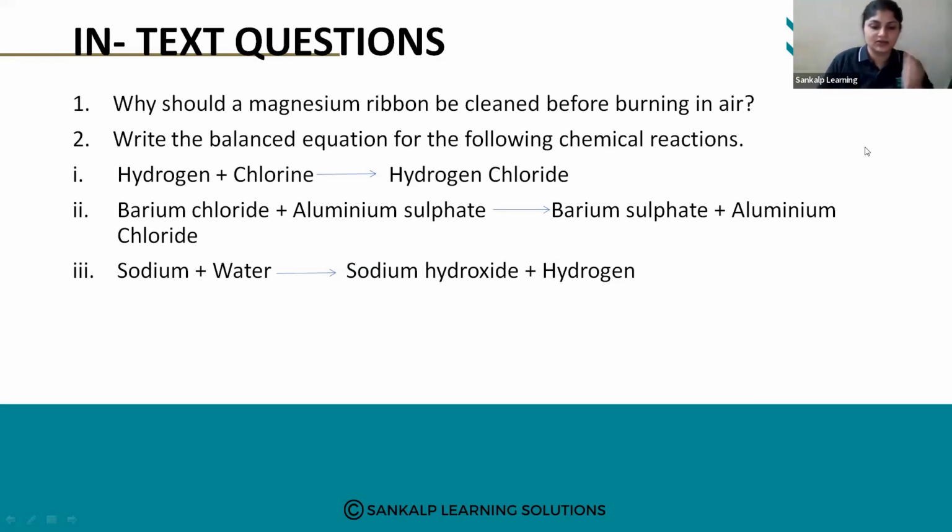I'll just tell you, and if you want to write in short, you can start. Why should a magnesium ribbon be cleaned before burning in air? The magnesium metal reacts with the atmospheric oxygen which is present, and forms a magnesium oxide, that is MgO layer, which is a very stable compound.